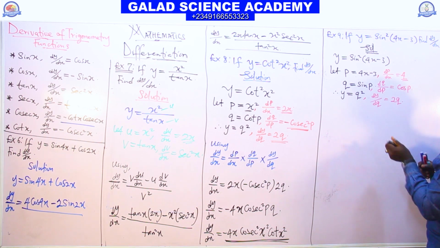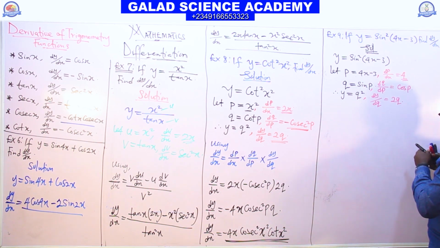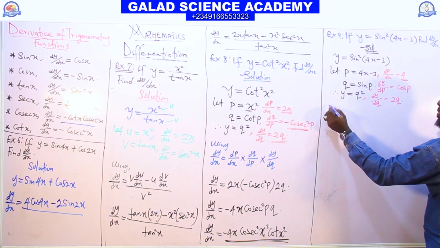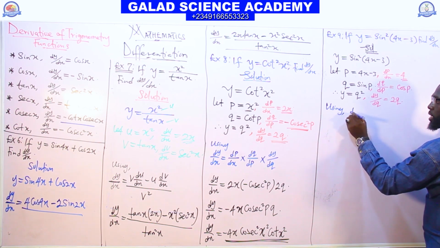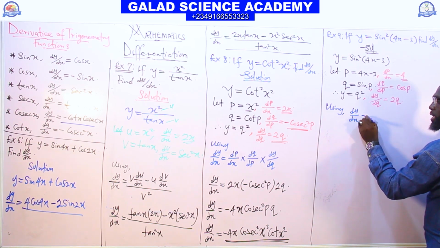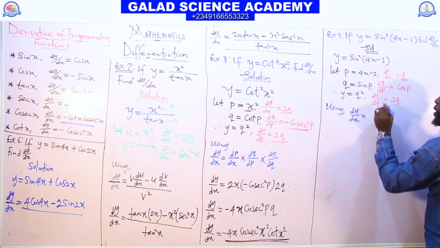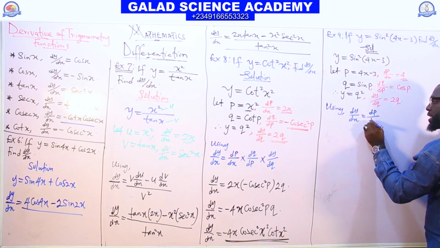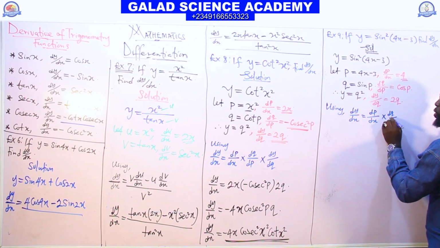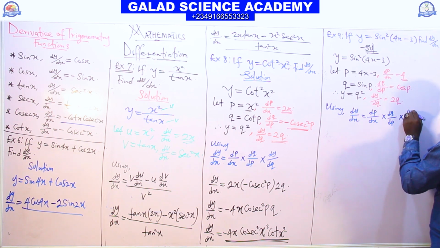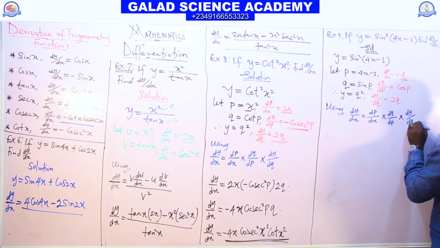Combine the three together. Using dy dx, what is the first one? dP dx multiplied by dQ dP multiplied by dy dQ.